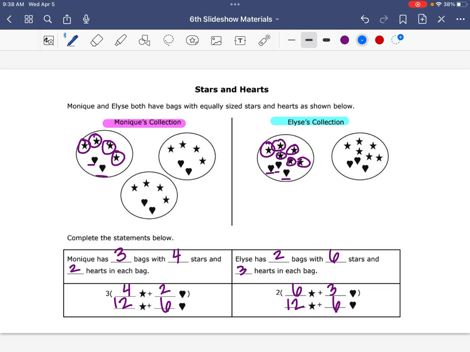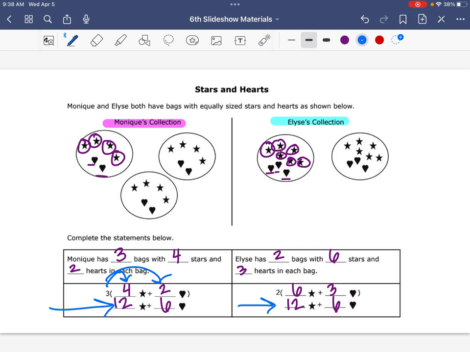And if you notice, when we're talking about grouping and 3 bags of 4 stars or 3 bags of 2 hearts, to find the simplified number of how many stars and hearts they have, we use something called the distributive property and said, okay, so 3 groups of that 4 stars, 3 times 4 gives me 12. And 3 groups of the 2 hearts, well, 3 times 2 is 6.